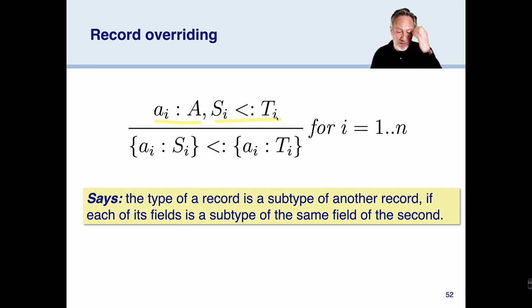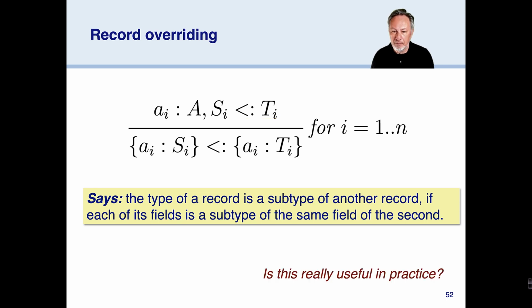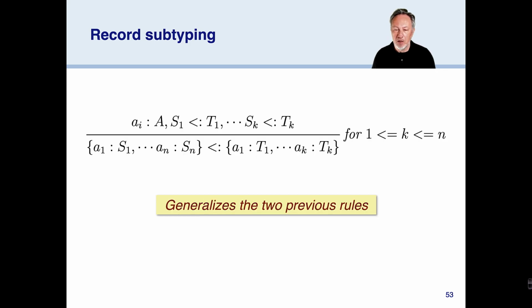Usually most programming languages do not support this. Java does not, and C++ does not. Eiffel does do it, but the rule is not sound, as we saw, and then you have to do some runtime checks. So typically what we want is some kind of specialization, not subtyping. So in practice, it doesn't seem to be terribly useful.